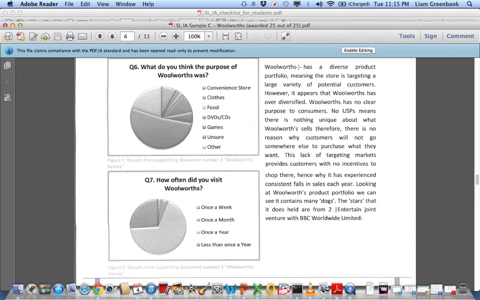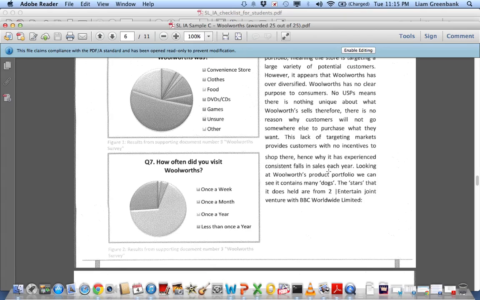So you see here they're constantly using technical words like product portfolio, diverse. We look at diversification, don't we, with the Ansoff matrix. USPs: they have no clear purpose to consumers. No USPs, unique selling points, means there is nothing unique about what Woolworths sells. Therefore, there is no reason why customers will not go somewhere else to purchase what they want.